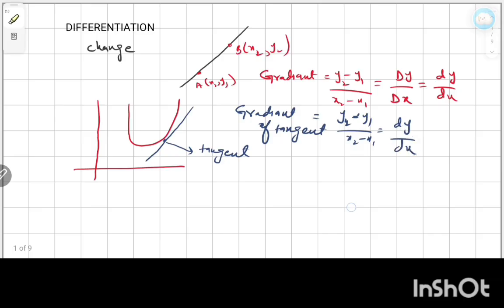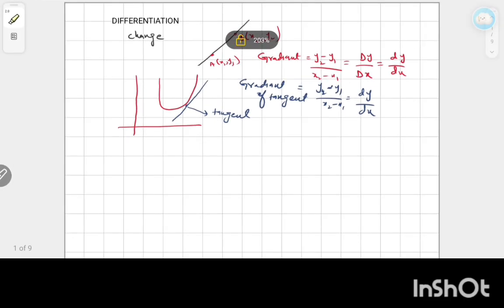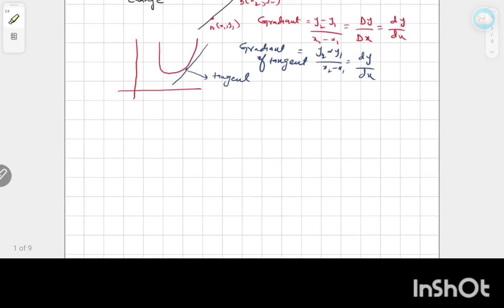The second, more important thing is its symbol. Its simple symbol is dy over dx.